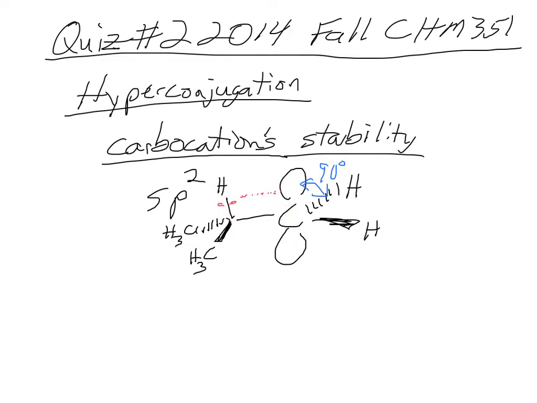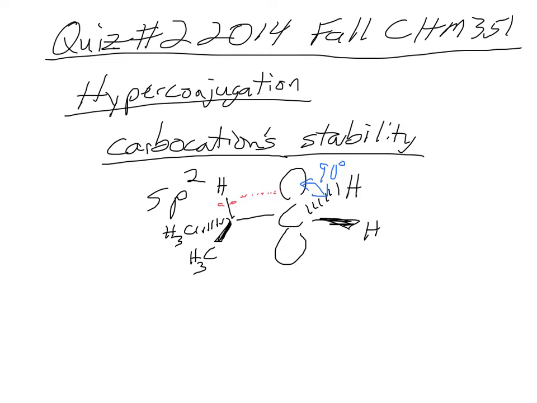So any sigma bond that's 2 bonds away can stabilize the empty p orbital by hyperconjugation. In this case, there's a CH sigma bond, a CC sigma bond, and another CC sigma bond. So there are 3 instances of hyperconjugation buddies helping stabilize this empty p orbital. So the more hyperconjugation buddies you have, the more stabilized you'd be.